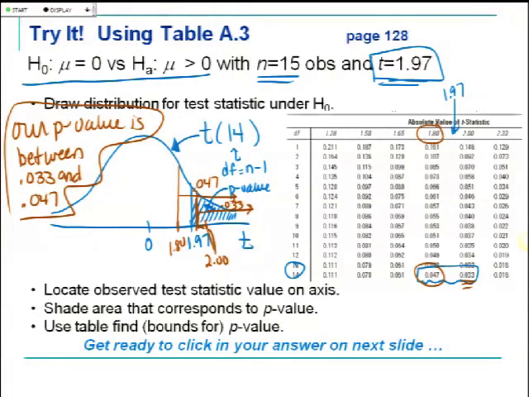So we aren't able to be specific and give you the actual p-value, but can you still use it to make your decision? Here's our one-clicker question for today. Using your bounds for this p-value to decide if you are statistically significant or not.